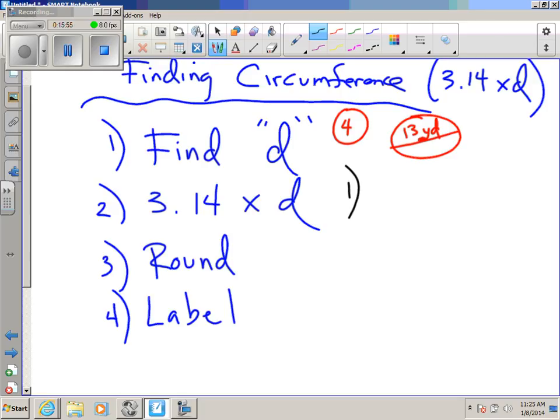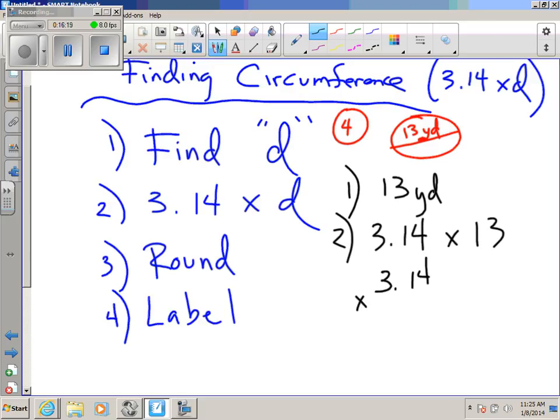What are they showing us? Are they showing us R or are they showing us D? DeKayla. D. So what is D? 13 yards, right? So step 2 says take whatever D is and multiply it by 3.14. 3.14 times 13. So let's set that up. 3.14 times 13. 4 times 3, 12. 4, 9.